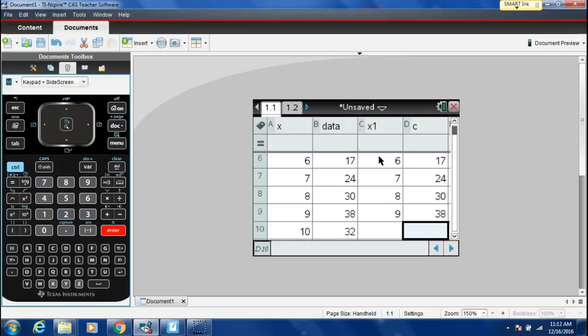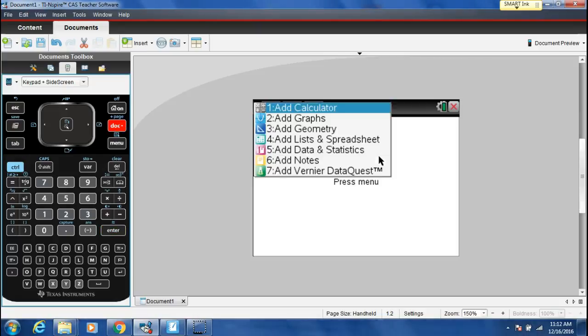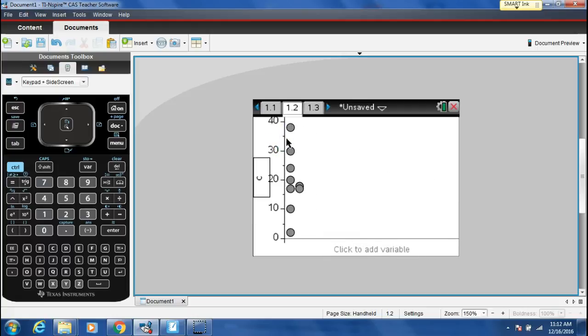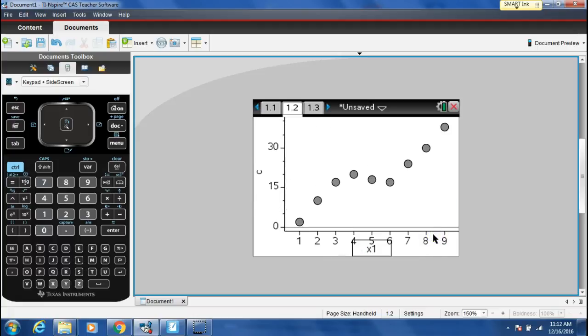Now, what I can do is create a new page, and in that new page, a new scatter plot. So that's a data and statistics one. My vertical axis is going to be C, and my horizontal axis is now going to be X sub 1, or X1 is what we had.